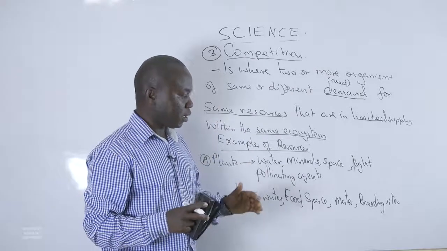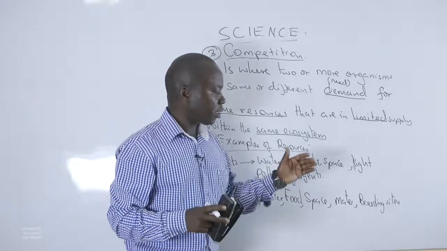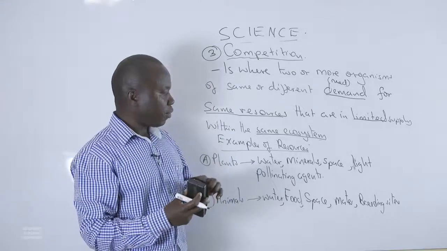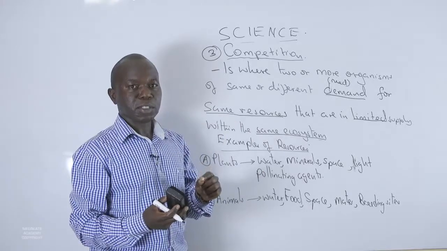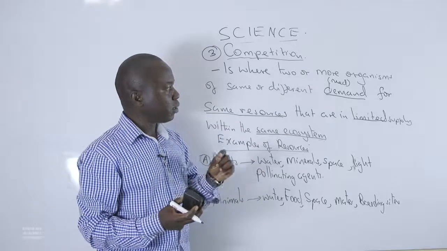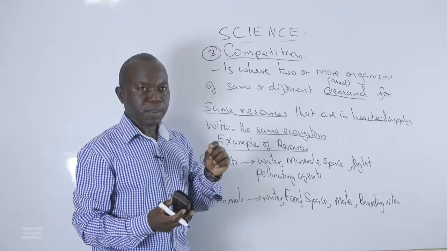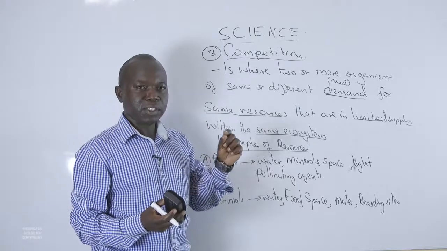It gets extinct with time. We are going to look at some examples where extinction comes in due to competition. Therefore, competition is a very important phenomenon in an ecosystem because it is the one that will determine the kind of organism that will survive. That's why we have quotes like survival of the fittest.